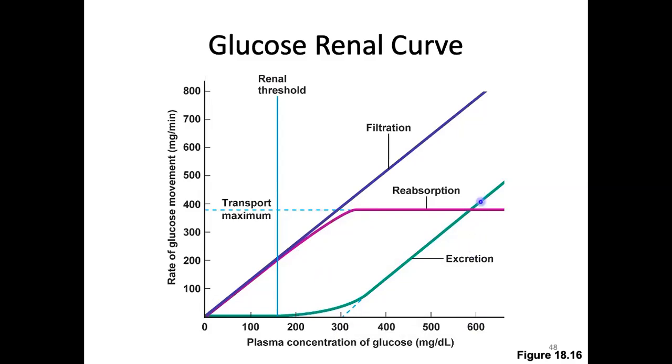So he was excessively thirsty and excessively urinating, because he had so much glucose that was getting released in the urine at 600 milligrams per deciliter, right? You're excreting a lot of glucose. Your transport maximum is about 380 milligrams per minute. So you can imagine how much glucose was in that urine. It's like sugar pee. Okay.